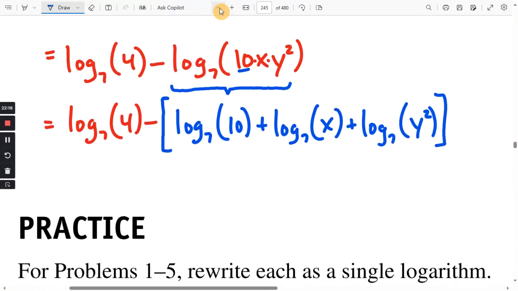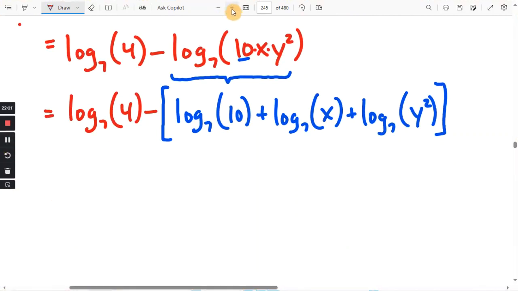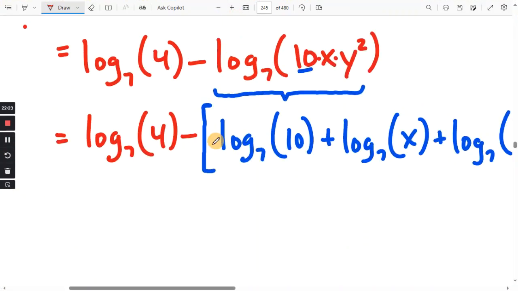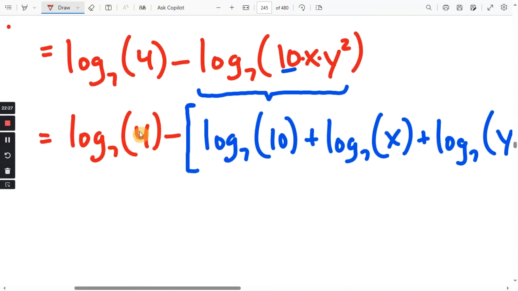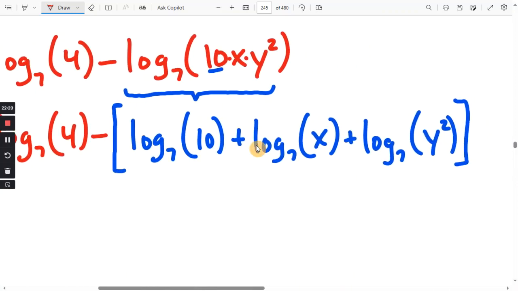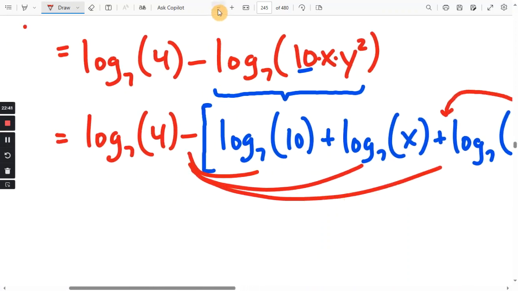All right, let's see. Make some room here. What is the final step, or one of the final steps, to get rid of the exponent? These don't have any exponents, but right here, this 2 is going to come out front. Okay, and this minus sign is going to be distributed to each one of those terms. So let's see.